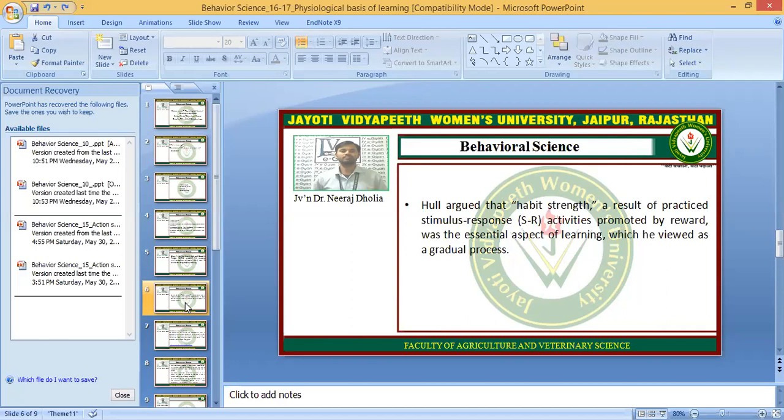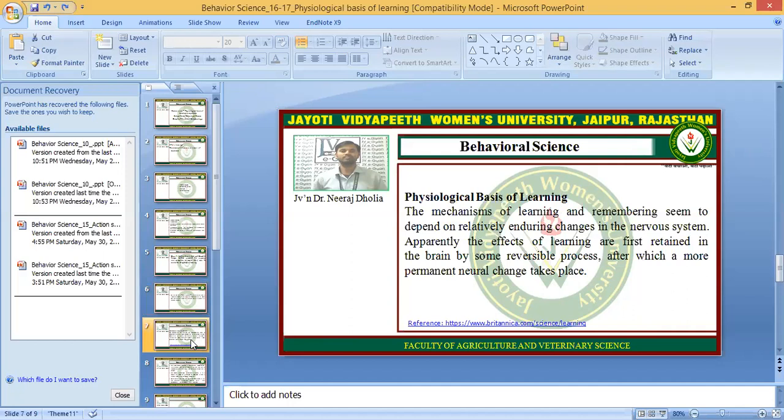For example, when we teach a mouse or a rabbit to cross a specific path, we give it a reward, a specific type of food, so it knows that if it does this, it will get the reward. So learning can be enhanced by rewards.